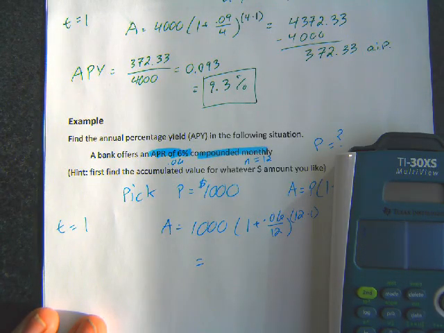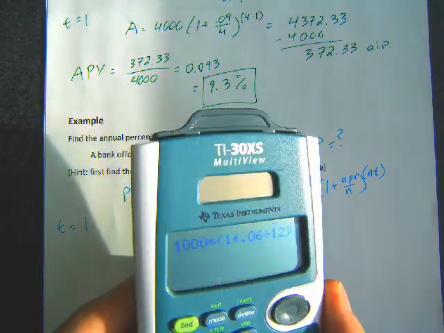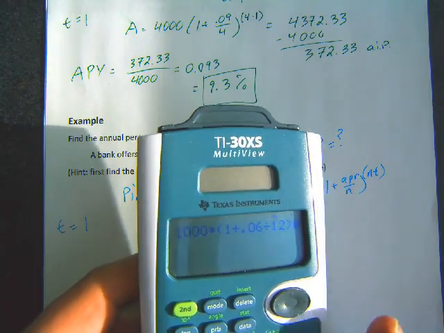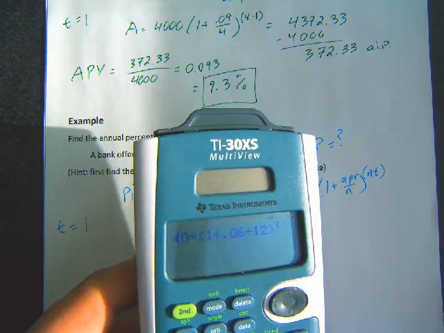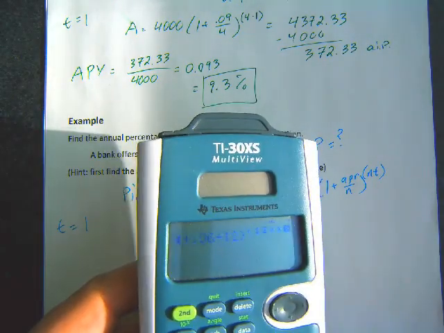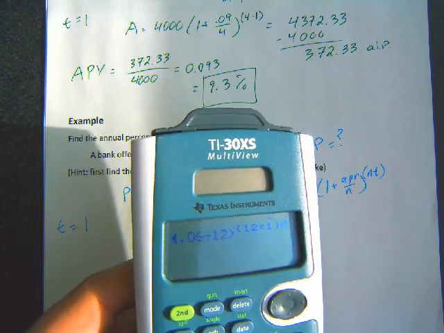So $1,000 times parentheses 1 plus 0.06 divided by 12. Hopefully you can see that a little bit better. Then I'm doing my power button, parentheses 12 times 1. Or you could have just put 12.